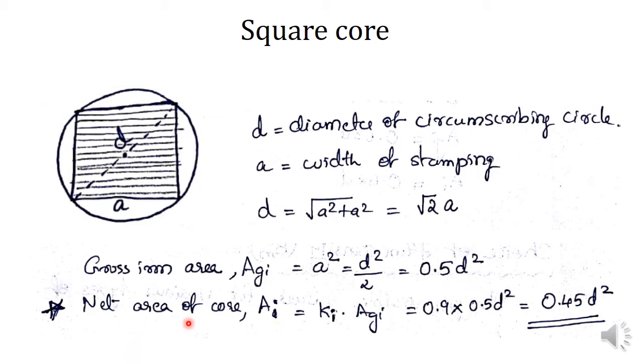Similarly, net core area, that is Ai, is equal to Ki into AGI. And we have already discussed this equation. So Ai is equal to Ki into AGI, that is equal to 0.45 d square. These equations can be used for finding the different dimensions such as d and a for the core type transformers.